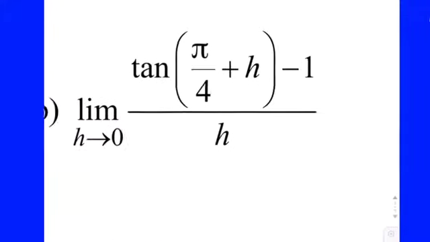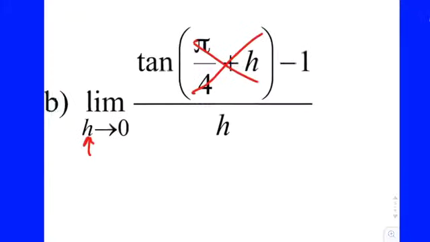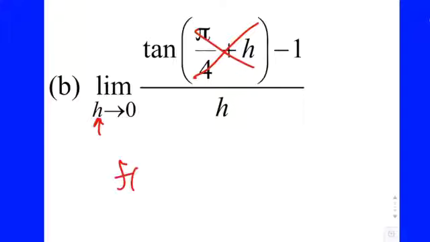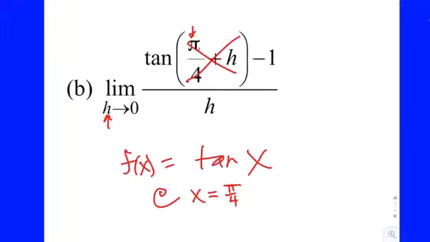Okay, so if you look at this one, you see h going to 0. You know it's the derivative of some function. I don't like you, pi fourths plus h. There it is. It's the first term. So the function whose derivative this must represent is tangent of x, and it's evaluated at x equals, peek underneath there, pi fourths. Yeah, that's the derivative of tangent of x evaluated at pi fourths.